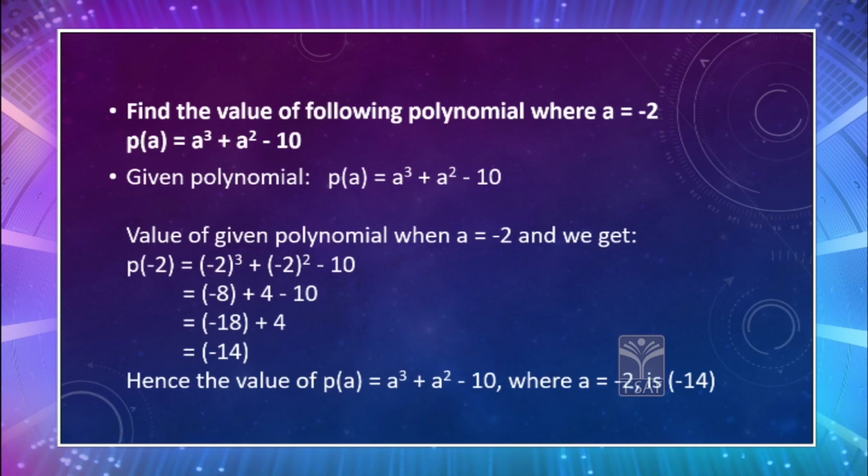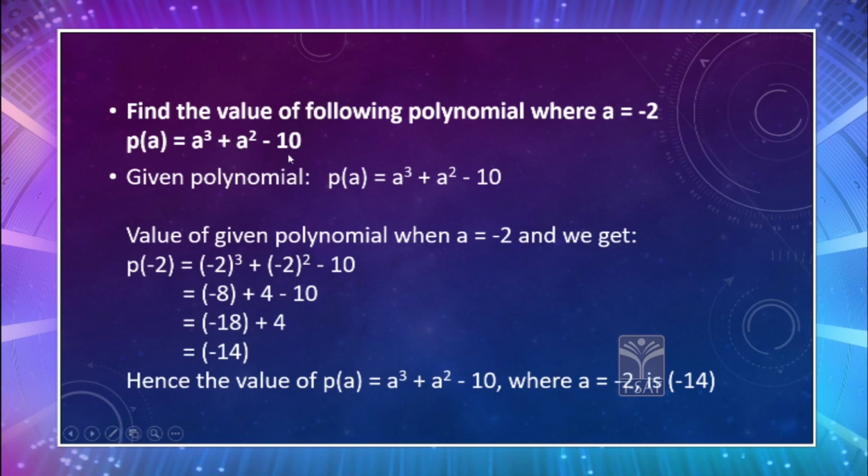So, now I am taking one more example. Find the value of the following polynomial where a is equal to minus 2. A equal to minus 2 means here you are going to find the value of p of minus 2. Is it clear? P of a is equal to a cube plus a square minus 10.